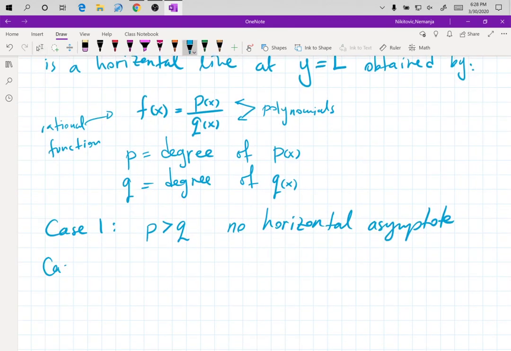Case 2. P is the same as Q. In that case, we will have ax to the p divided by bx to the q. L will be a over b, so it will be a quotient of leading coefficients.